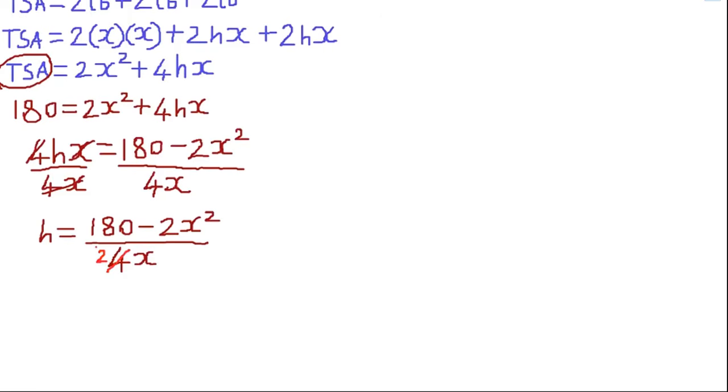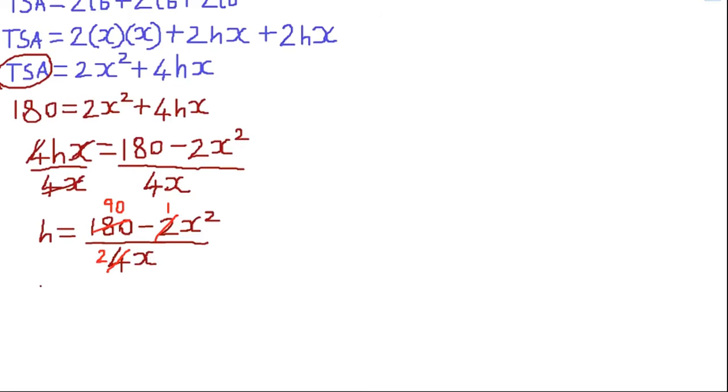So when you divide 4x by 2, you're going to remain with 2x. And when you divide 180 by 2, you're going to remain with 90. When you divide negative 2x squared by 2, you're simply going to remain with negative x squared.